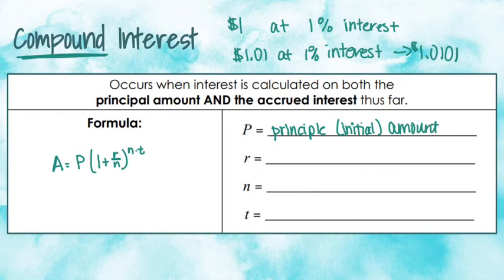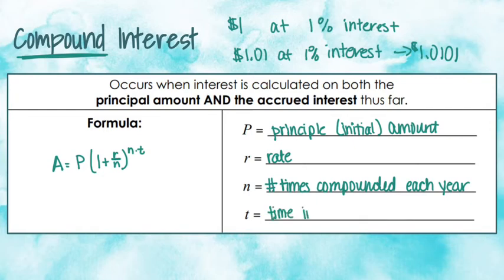The R is the rate, typically interest rate. N is the number of times compounded each year. And then T is time in years.